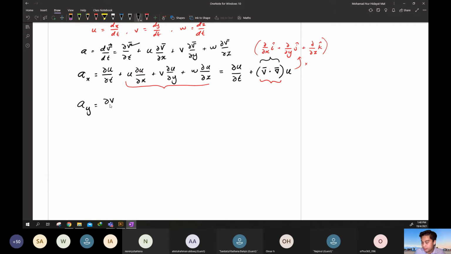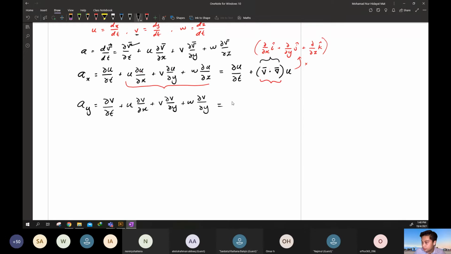Remember that the velocity in the y direction we replace with the v here. Over t plus u, v and w fixed, u delta v over the change of x, v, w.